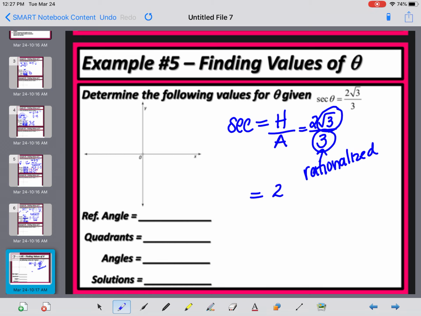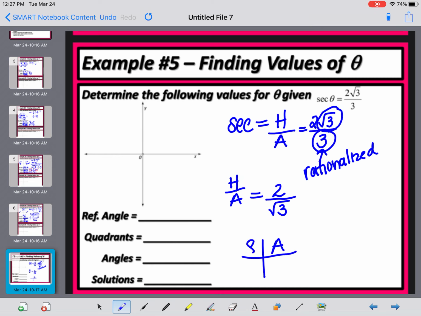What that originally came from was 2 over root 3. Okay, so you remove the radical on the top and you place it back on the bottom. So this is going to work out for me. These are looking like side lengths for a special right triangle. So I need to figure out what quadrant to place them in.